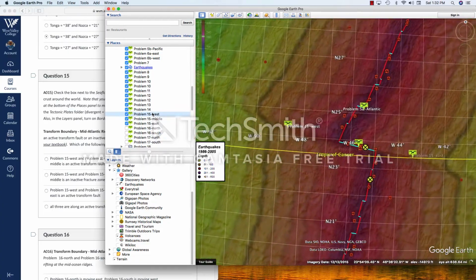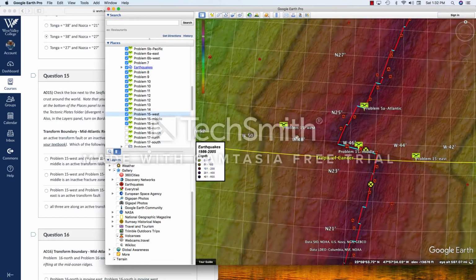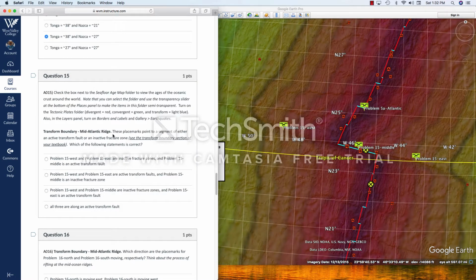So here we're flying to the Mid-Atlantic Ridge, and we're seeing this place mark 15 west, which is on this plate here. The 15 in the middle, right, which is right at the transform fault, and then problem 15 east. So these place marks point to a segment either on an active transform fault or an inactive fracture zone, right? So remember, the only active part is this blue line. That's a transform fault.